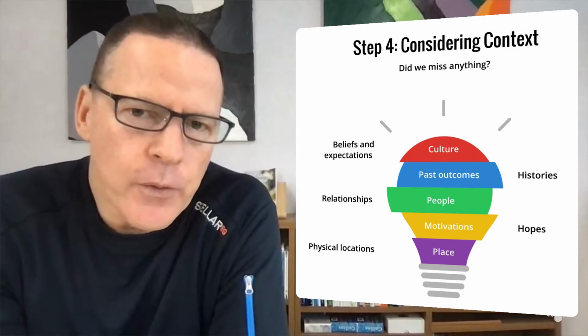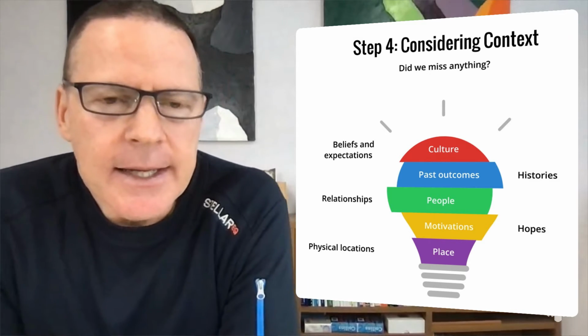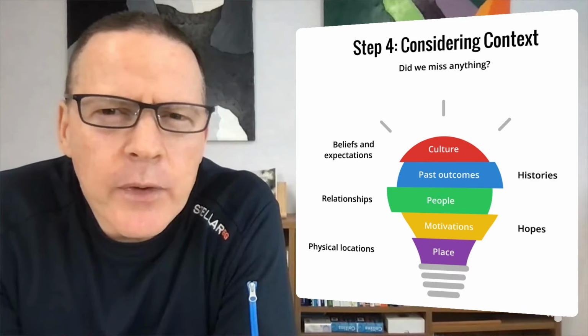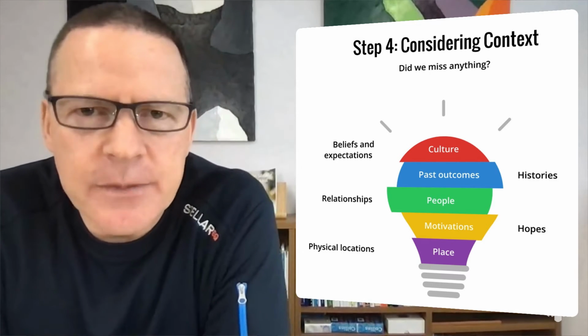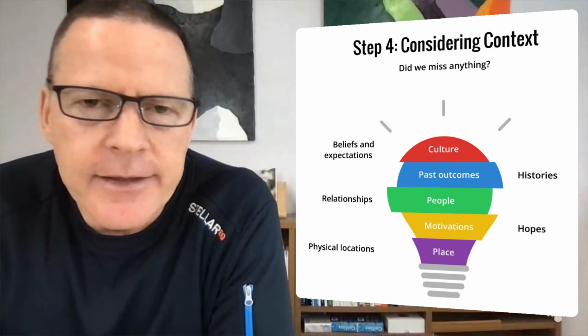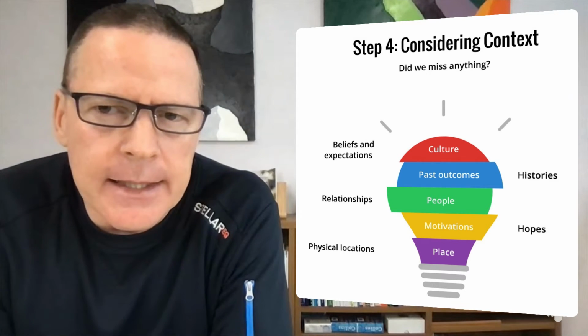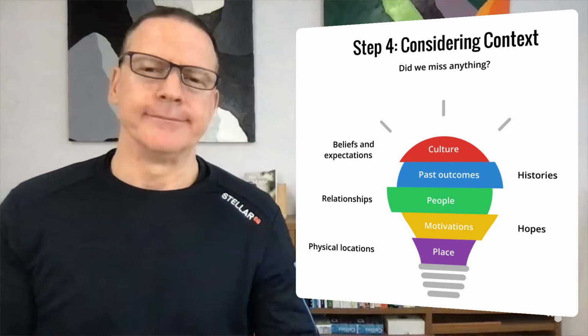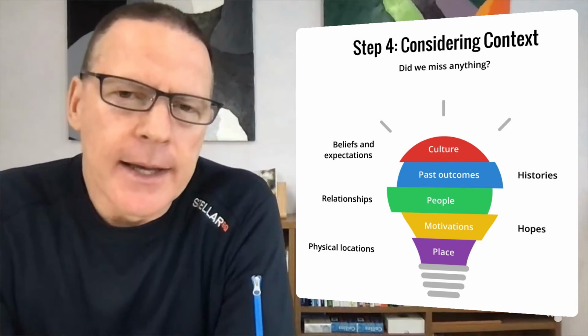And then we have our fourth one, which is considering context. And you may be wondering why we would consider context at the end of this process rather than at the start. I think we're always considering context. Our brains are wired to take note of the environment.